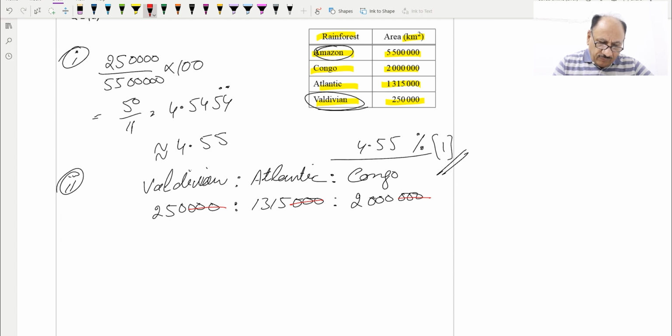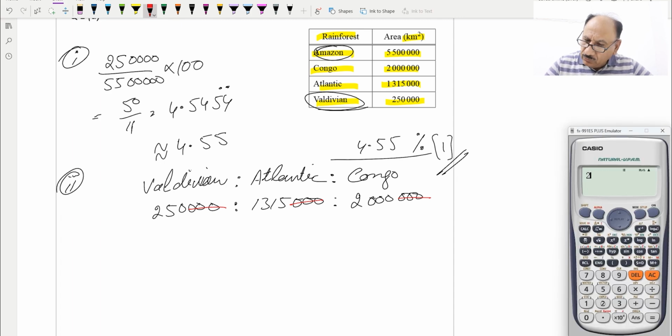Then 250, so we can divide by 50. So 250 divided by 50 will be equal to 5. The others, I think, are not divisible. This is divisible. It's not divisible by 50.